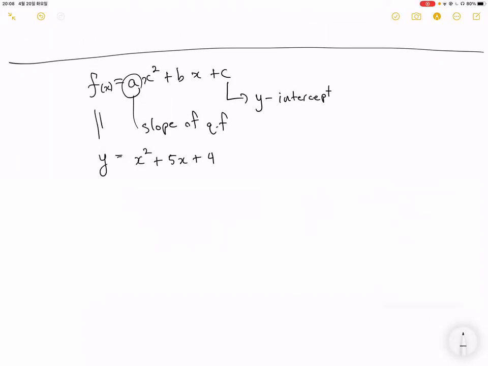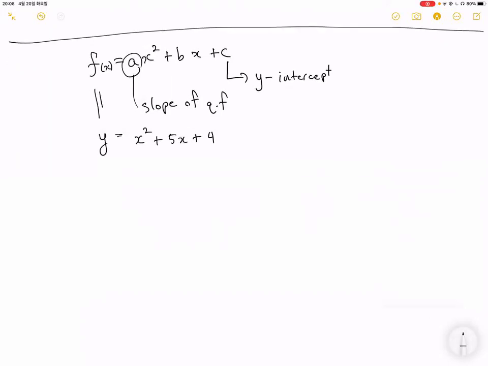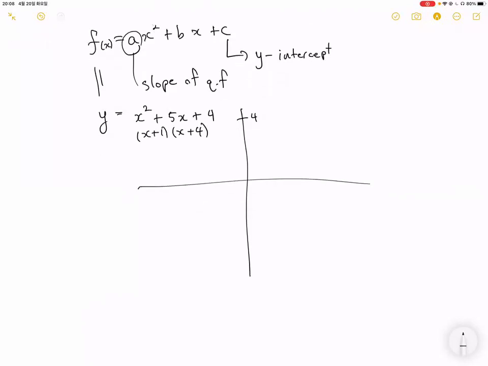Y is equal to f(x). We know that this function will pass through 4, and we can also factor this out into x plus 1, x plus 4, right? And we can just say that when it passes through 0, we know that the x values are -1 and -4. So -1 will be around here, -4 will be about here.